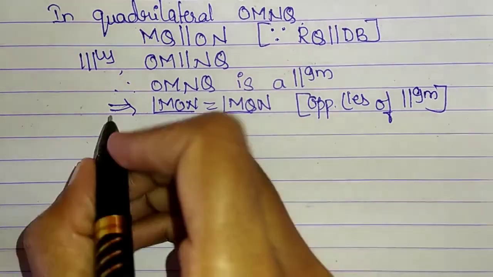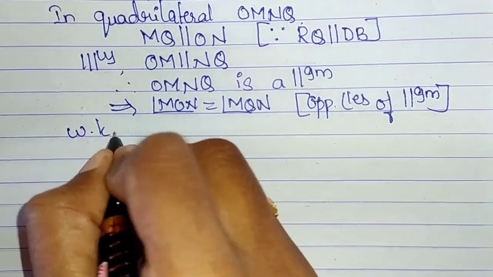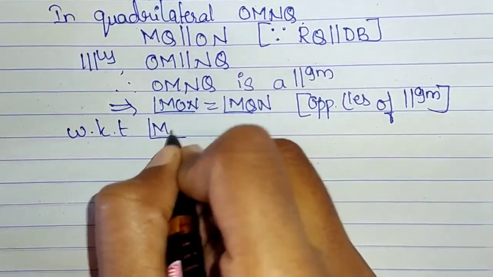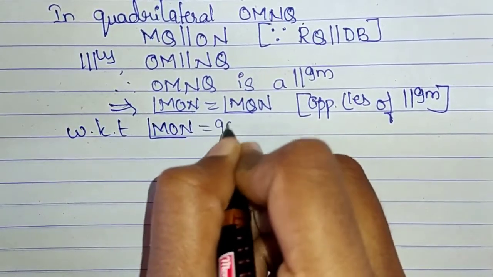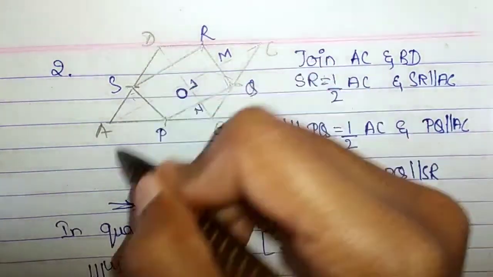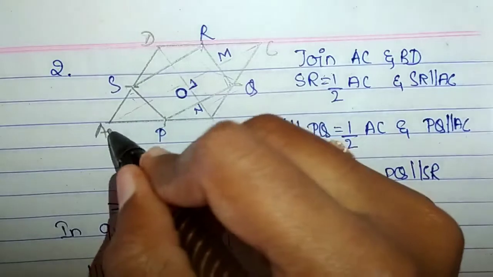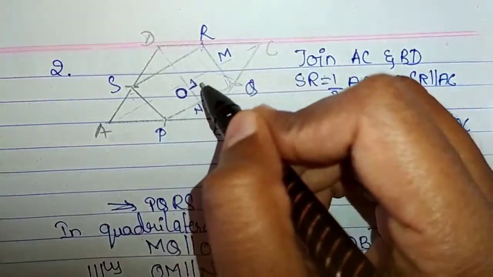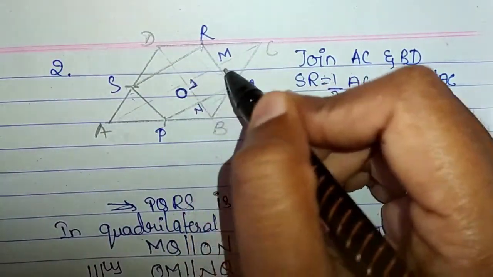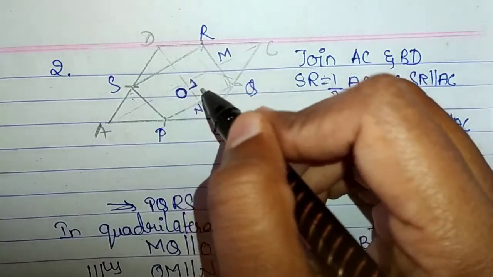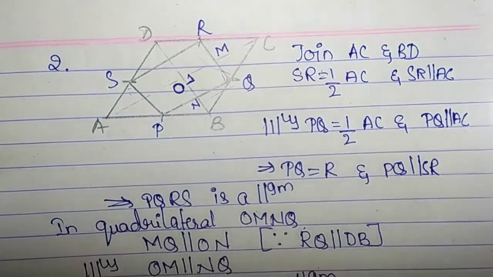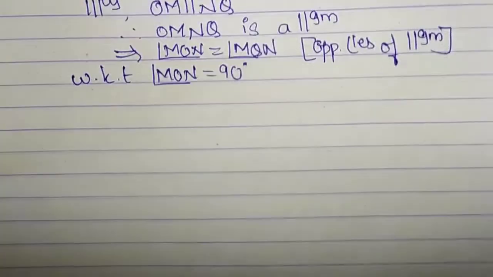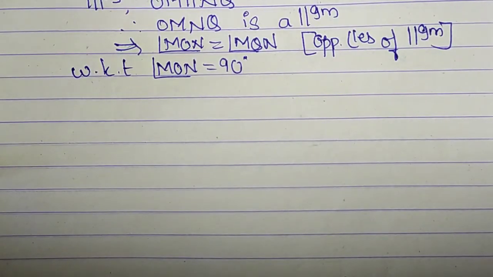We know that angle MON is equal to 90 degrees, because ABCD is a rhombus and AC and BD are its diagonals. Angle MON is formed by the diagonals, and diagonals of a rhombus are always perpendicular bisectors of each other.